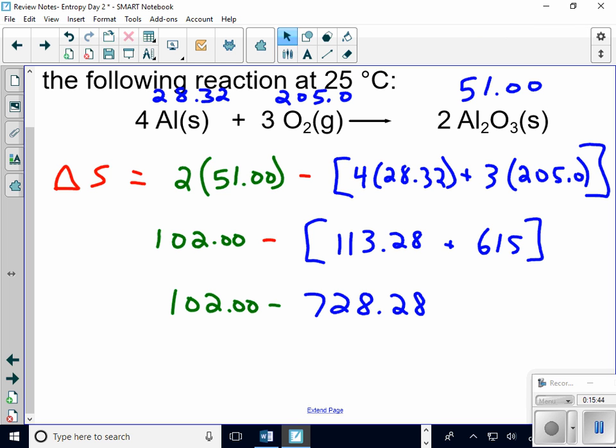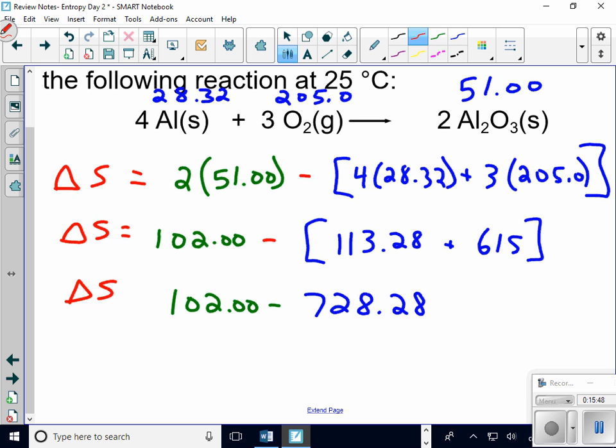So my change in entropy is 102.00 minus the 728.28, and I get a value of negative 626.28. Now let's look at sig figs. What am I going to do for sig figs here?